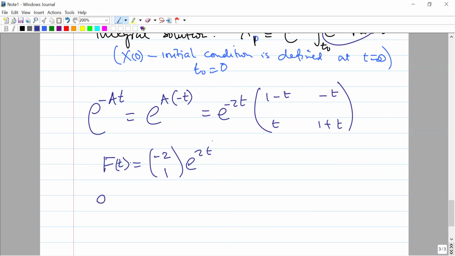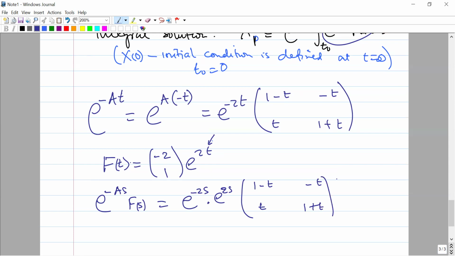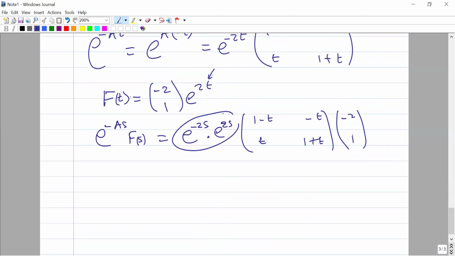So now e to the power minus as, f of s, is just replacing t with s in e to the power at and f of t. So this will be e to the power minus 2s. Then I take this e to the power 2s here, into 1 minus t, minus t, 1 plus t, times minus 2, 1. And we can see these two cancel off.